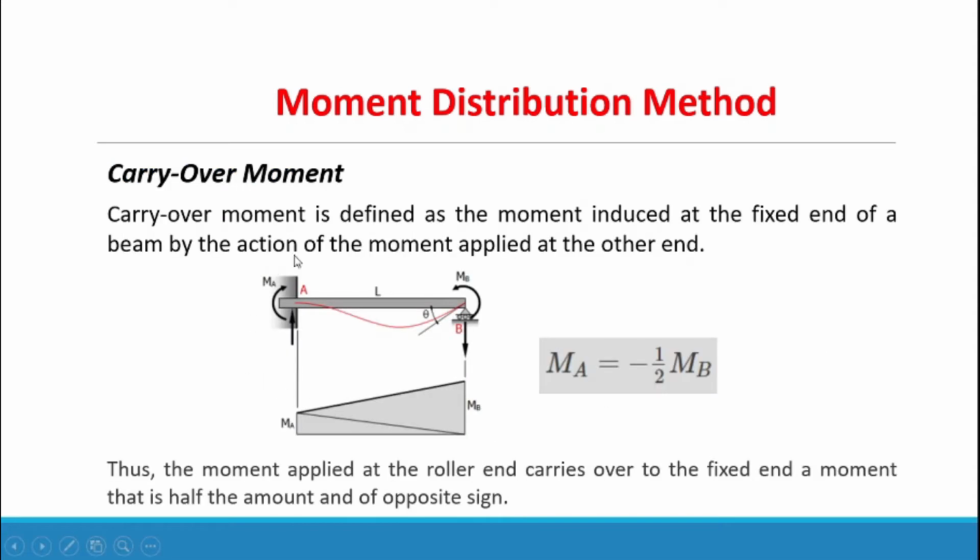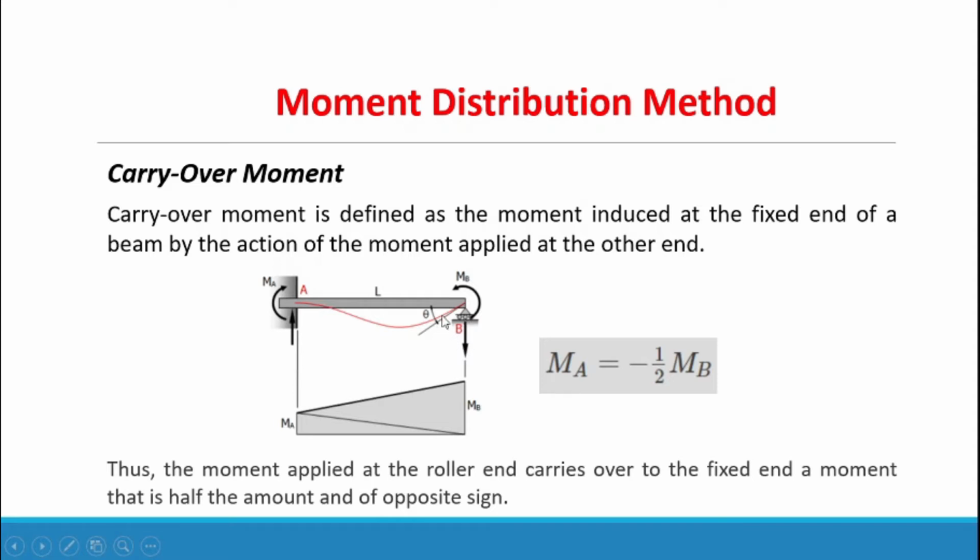Carryover moment. It is defined as the moment induced at the fixed end of a beam by the action of the moment applied at the other end. In this diagram, there is a fixed support with a moment at A and a reaction at A, and a roller with a moment at B, and the direction of the reaction is downward.